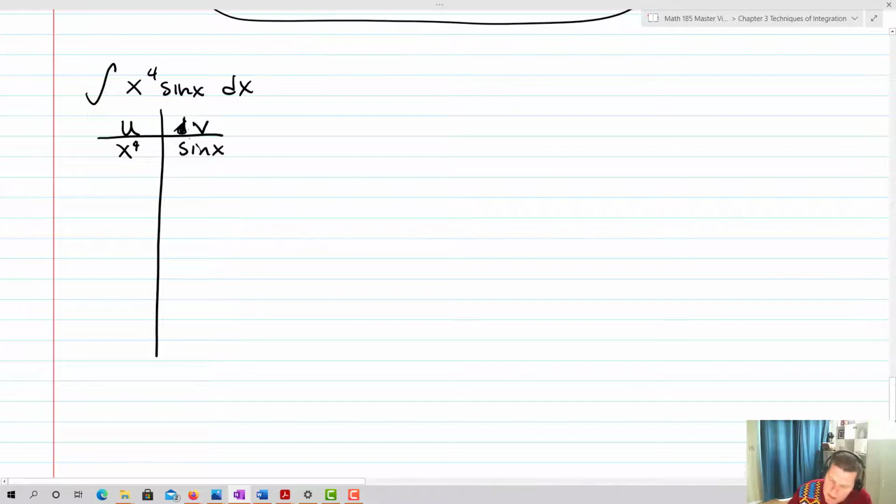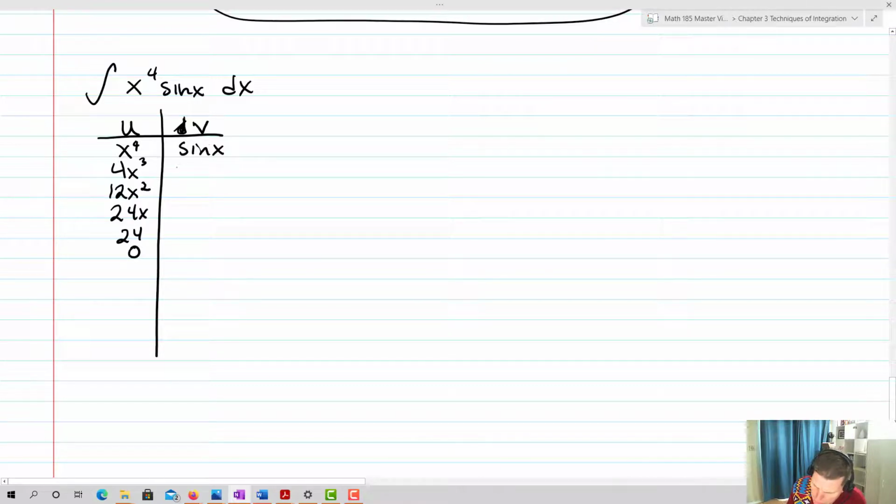On the u side, I'm going to take my derivatives. So I got 4x cubed, 12x squared, 24x, 24, and then finally 0.